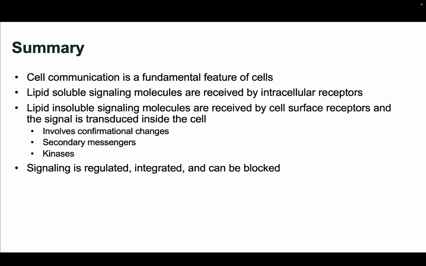And like with all processes in biology, it's important that we regulate these processes and make sure that they're turned on only when it's beneficial for the organism. And so signaling is regulated. We also have to be able to integrate these signals. And if we understand how signaling works, we can block these signals in therapies in different diseases.